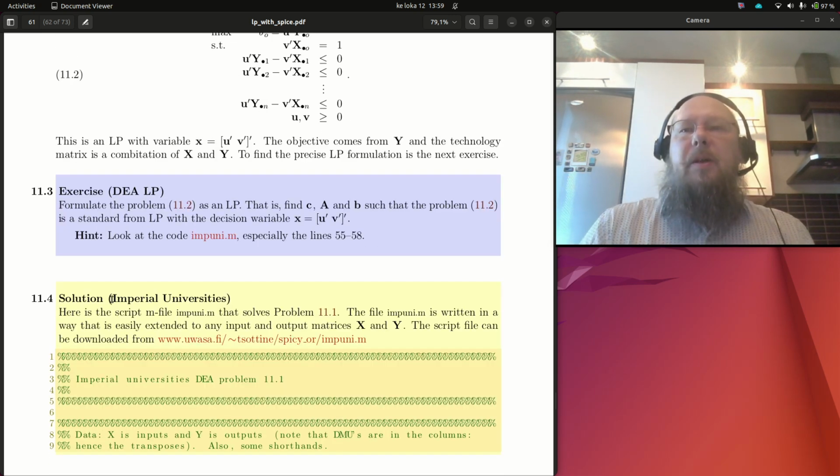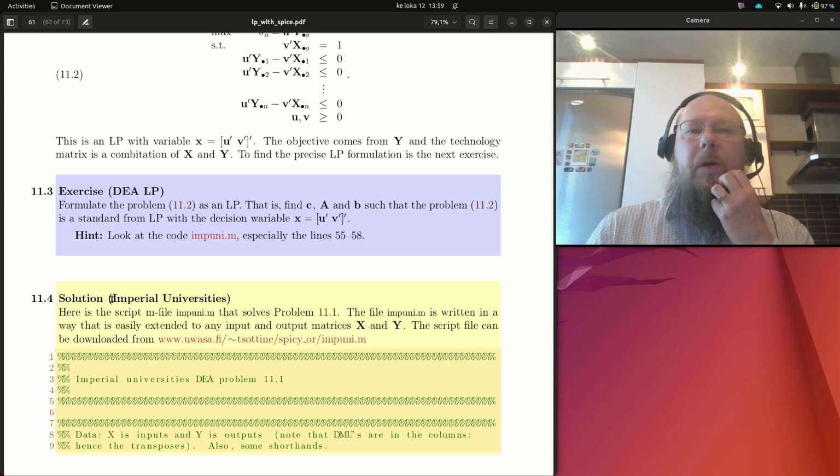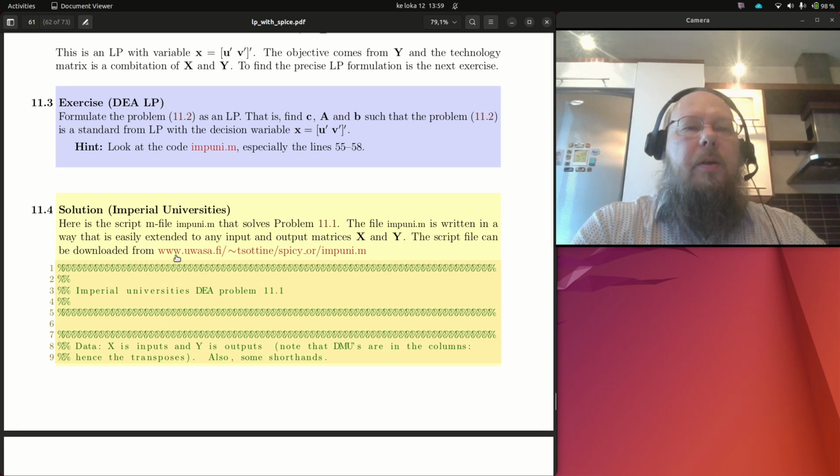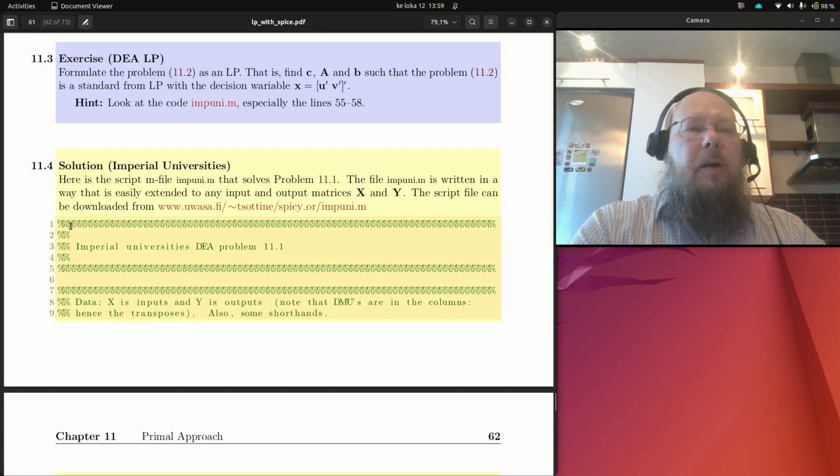So as typical, we solve this problem 11.1, Imperial Universities, by using GNU Octave and the GLPK. And here is listed the solution. It's also downloadable from my webpage. It's called impuni.m. And here is a script file.